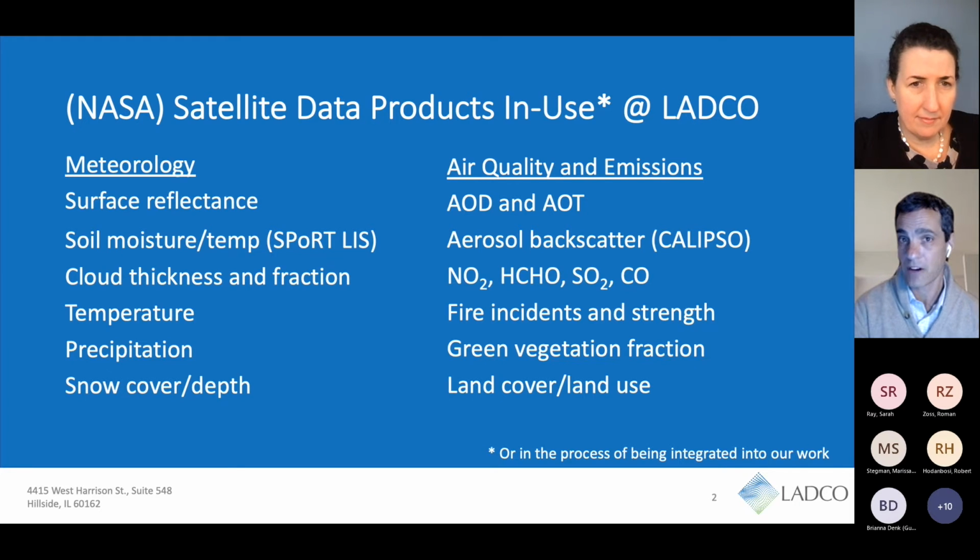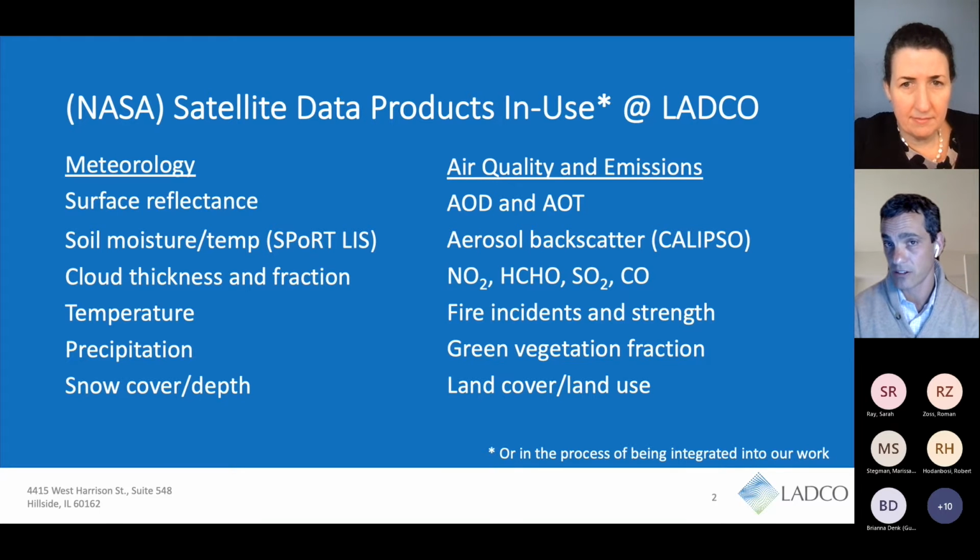Satellites can detect where fires are happening and the size of those fires. So they're really important for developing the inventories. All of our fire inventories that come out of the NEI and EPA are based now on remote sensed fire incidents.